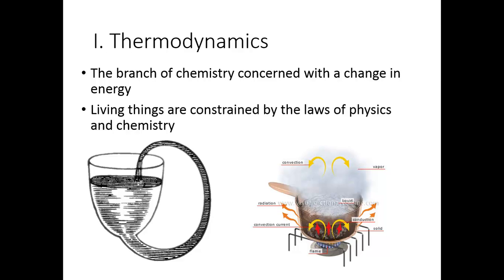It's conducted through a metal pot. There are a bunch of different ways that heat travels then, or energy is transferred. Living things, just like this pot of water, are also constrained by these laws of thermodynamics. And to the left here we have a perpetual motion machine, which we will talk about later.